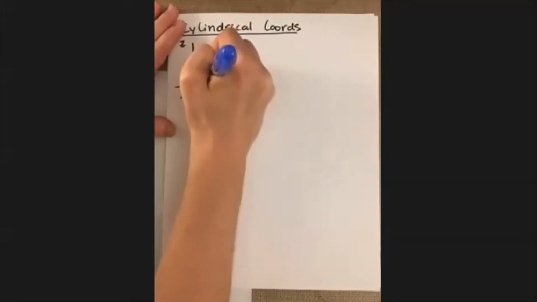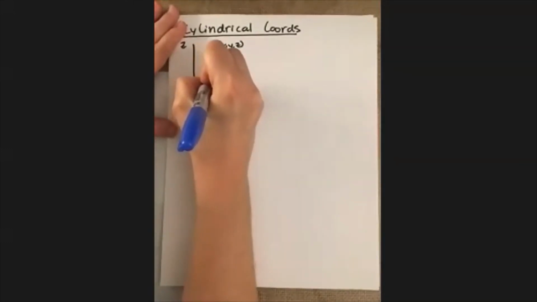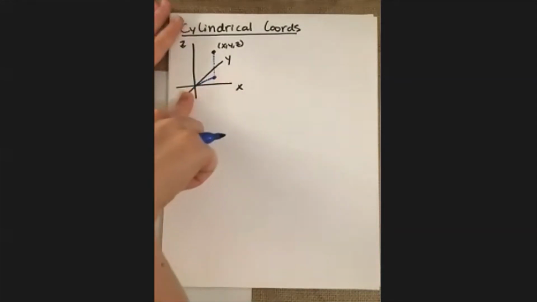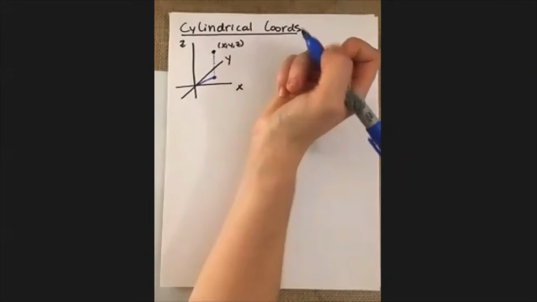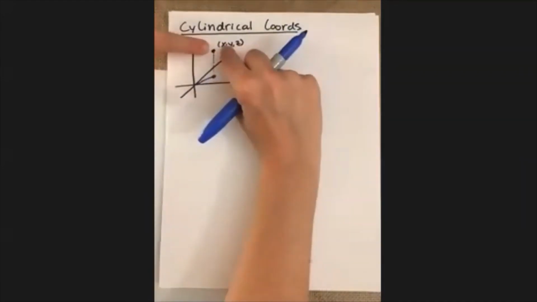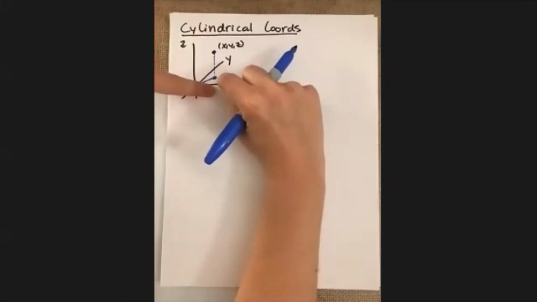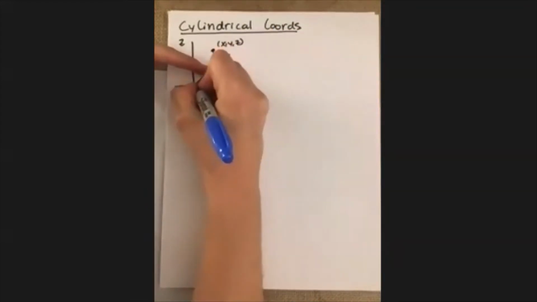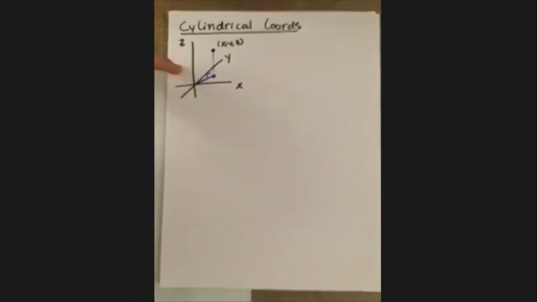If you project it downward, there's a point right there on the XY plane. And then there's a distance between this point that is now on the XY plane and the origin. The way that we work with cylindrical coordinates is to say we're going to squish this point down to the XY plane. So floop, just like that. And then there's this radius right here. Call that r, just like we do with polar coordinates.